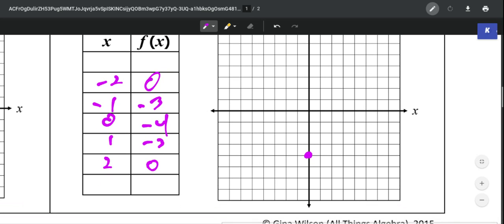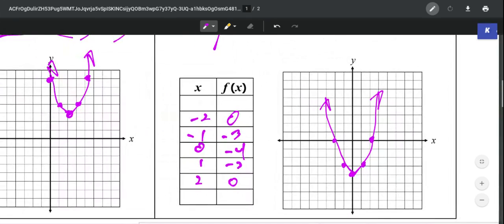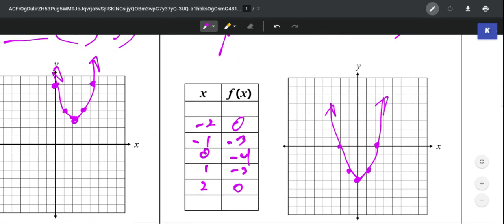Then we're just going to graph those. (-2, 0) is going to be right here. (2, 0) is going to be right there. Then (-1, -3) would be right there, and (1, -3) would be right there. And that's how our parabola would look. So I think this is a lot easier than standard form just because you're not doing as many calculations.